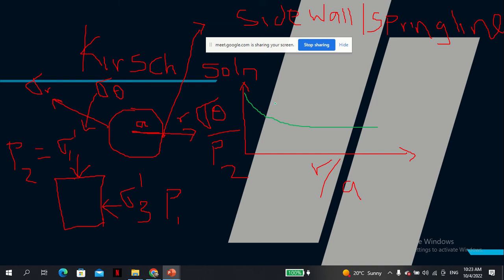Let me just show you this one curve. For different values of k, that's what the curve is, and this is a value of around 1. So from the analytical solution, or from the Kirsch solution, we are always interested in what you call EDZ. EDZ is called the excavation damage zone.